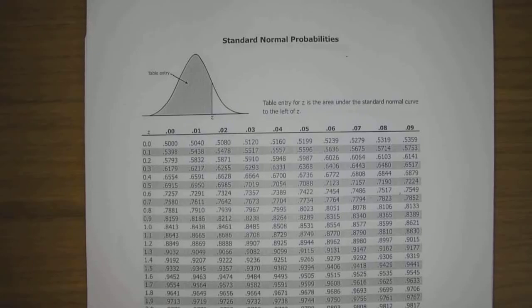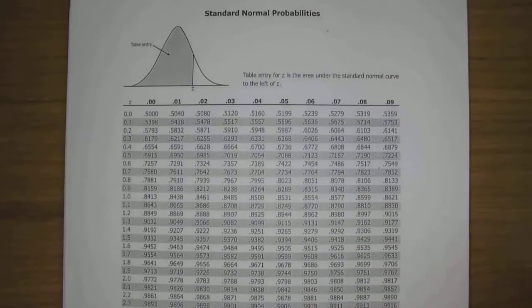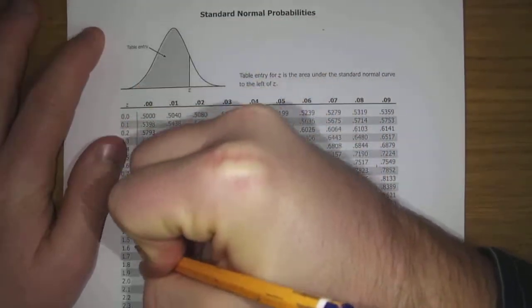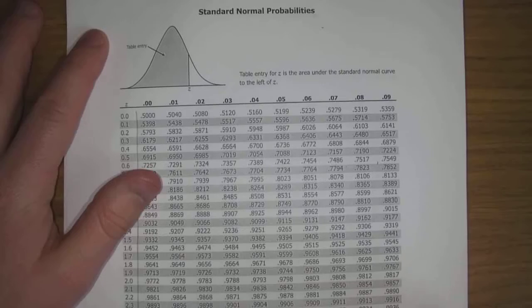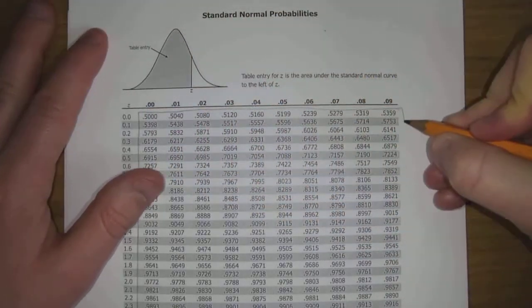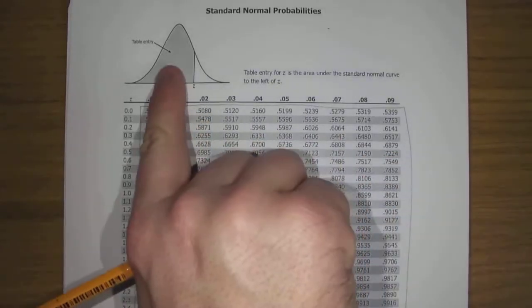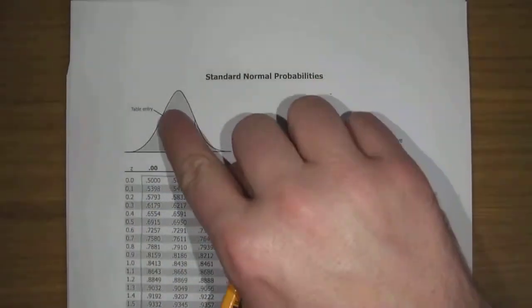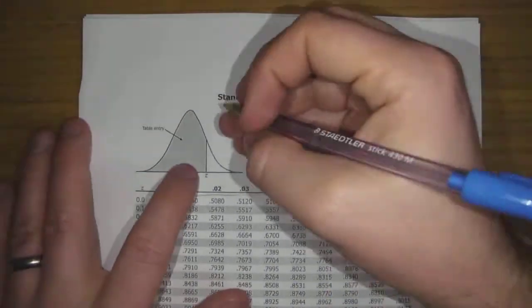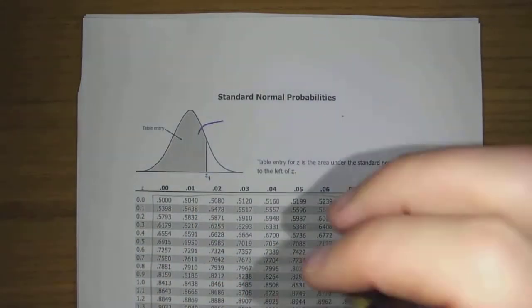So we've got to be very clear about this picture. The first thing is that all these numbers here are these areas. See there it says table entry. These are the table entries, and this is an area. Now I'm going to change this to Z1 because I just don't like the way it is.